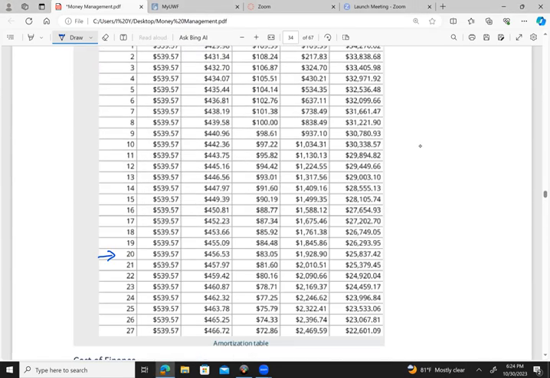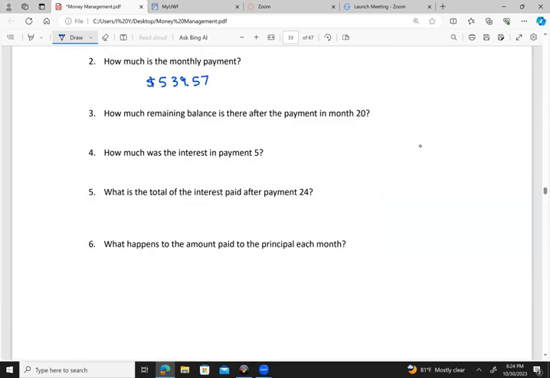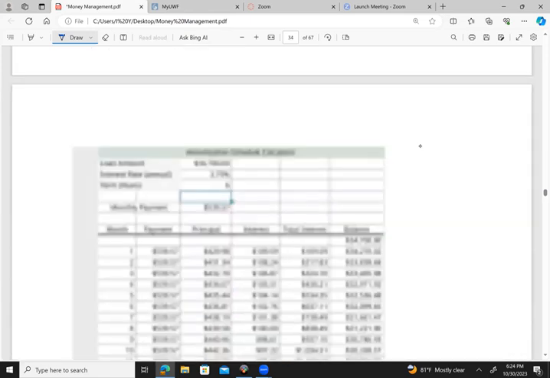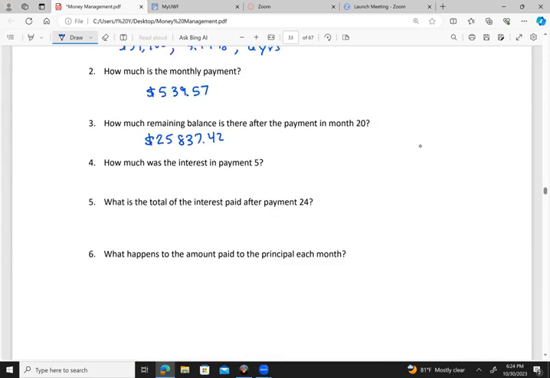So working our way across here, last line is the remaining balance, so 25,837.42. How much was the interest in payment 5? Payment 5 here, interest here, $104.14.